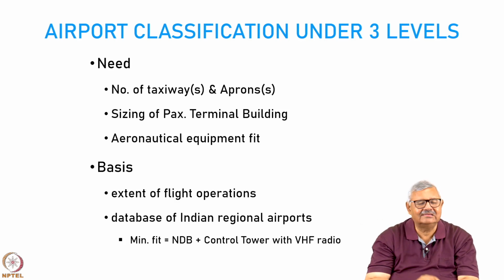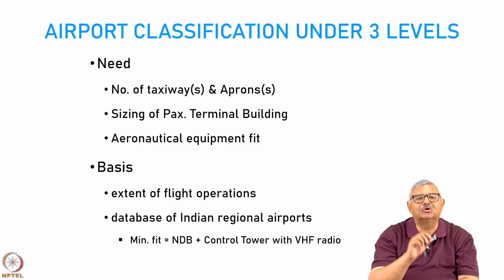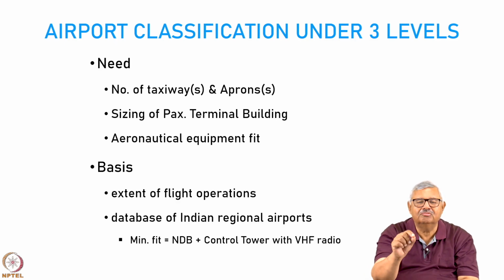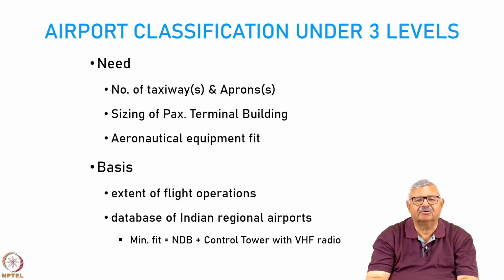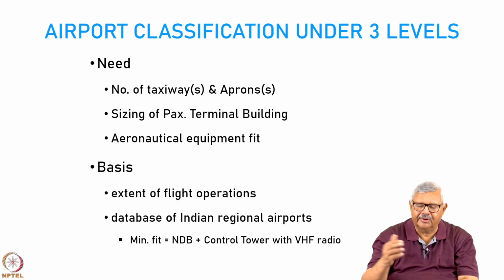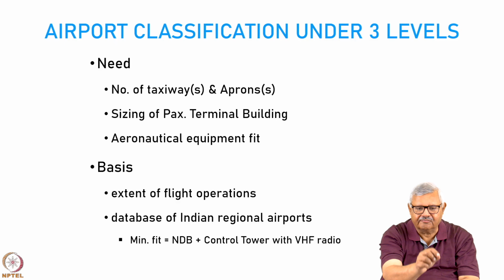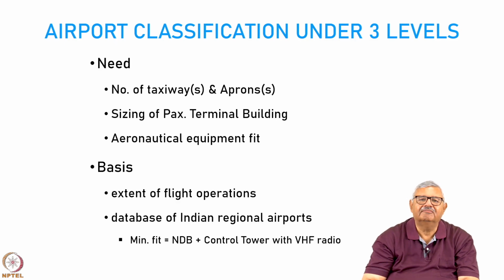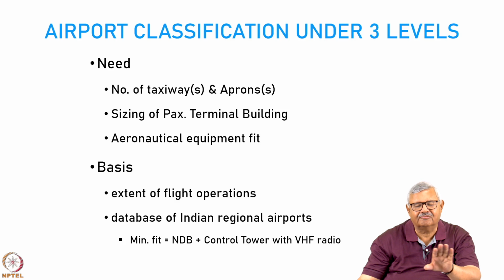Notice I am not suggesting that you definitely need to have a physical human air traffic controller. The level 1 airport or the most basic airport in this particular study is a completely unmanned airport, right, from the point of view of the requirements for the air traffic. Just equipment and VHF radio which can be operated by the pilot remotely. That is the concept we have gone for.